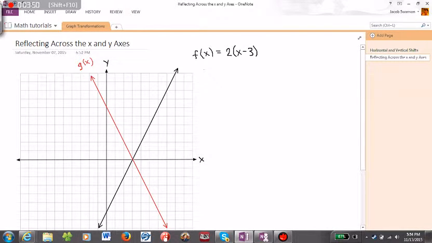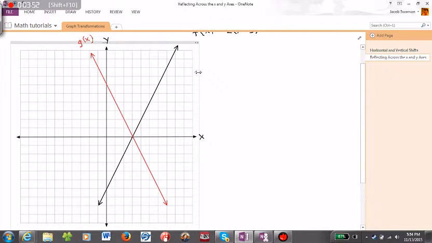In fact, we can prove this if we take a few example points. On f of x we have this point, and this point as well. Similarly, these correspond to the points on g of x at the same x values.